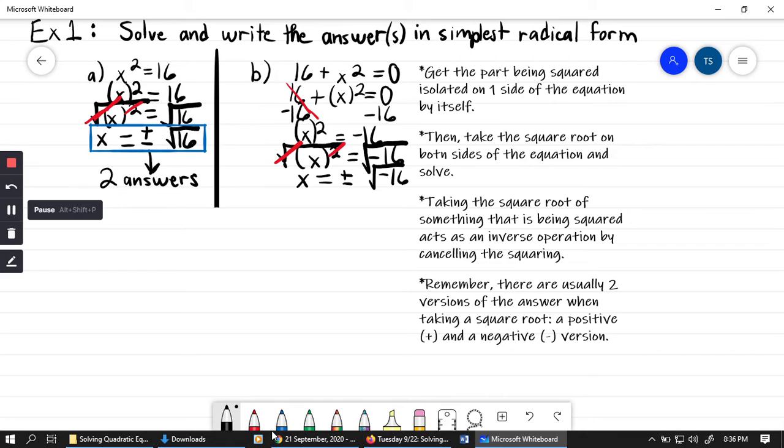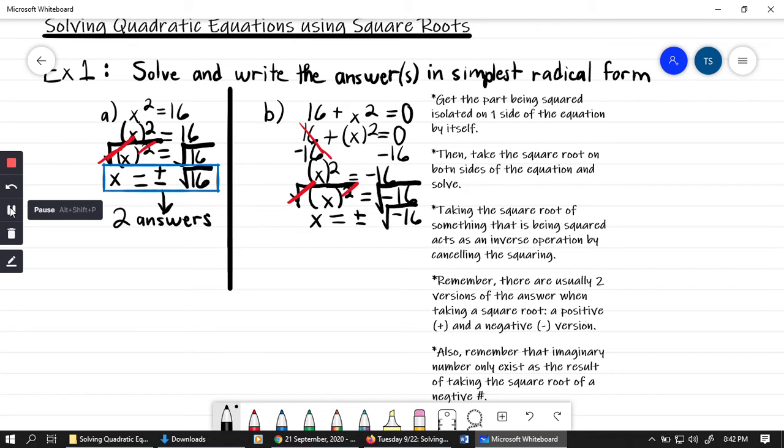In other words, if the radicand, the number up under the radical, is negative, that means you're going to have an imaginary solution. So we've got the square root of a negative number, and we know that this should be an imaginary number.